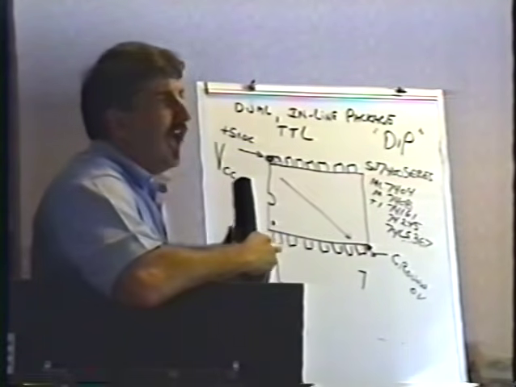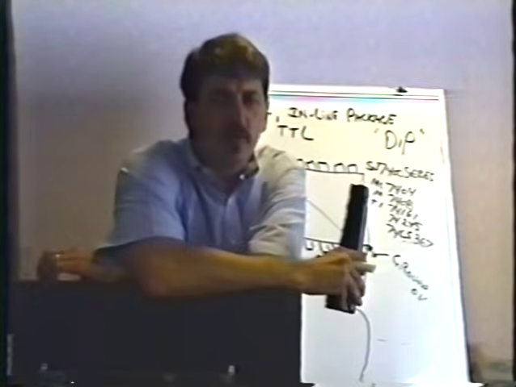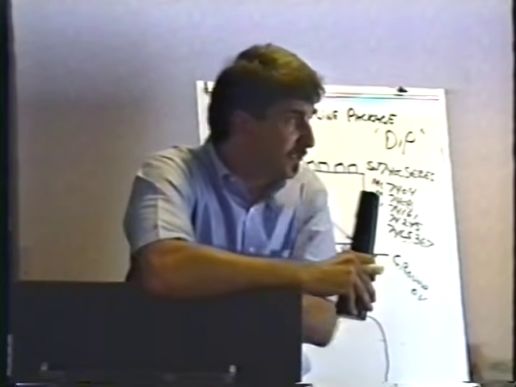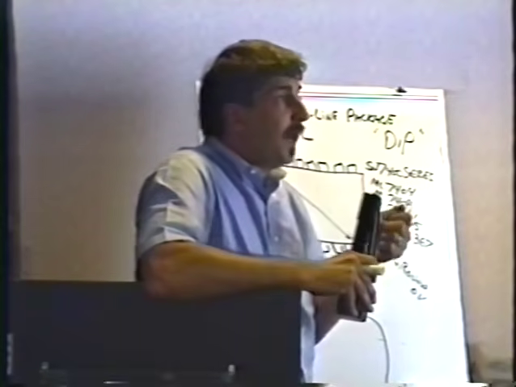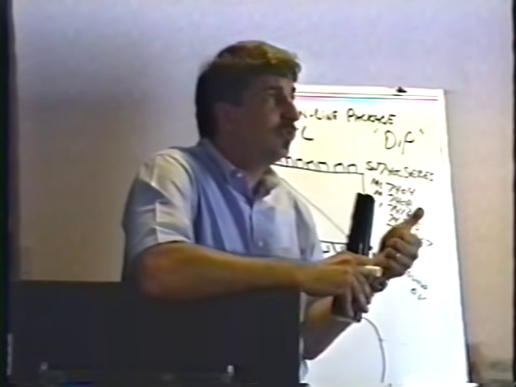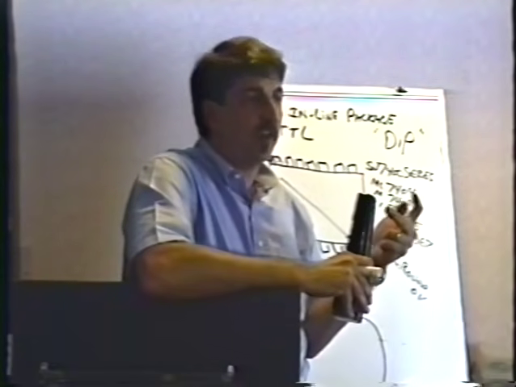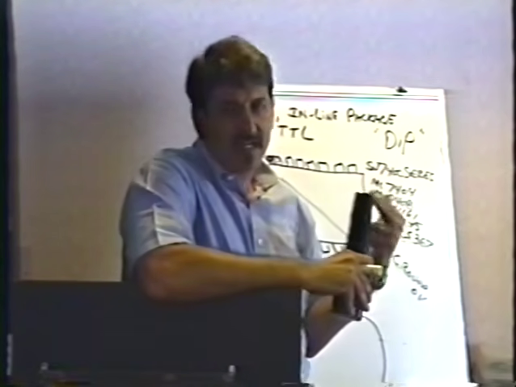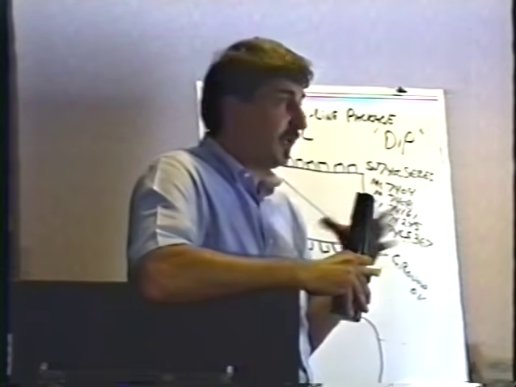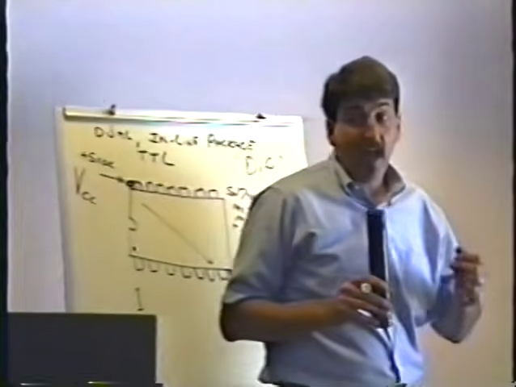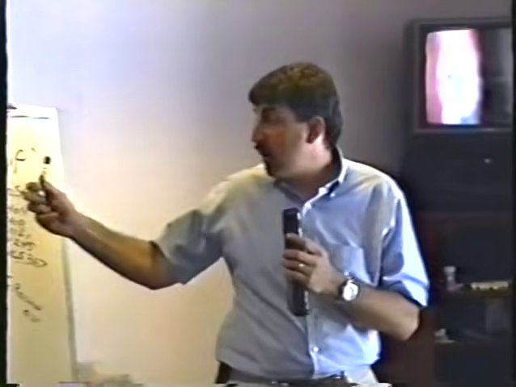It's called TTL because essentially it was an outgrowth of some other families of integrated circuits. They started out with resistor transistor logic. They called it RTL. Didn't work with beans. Then they came up with something called DTL, diode transistor logic. Didn't work with beans.